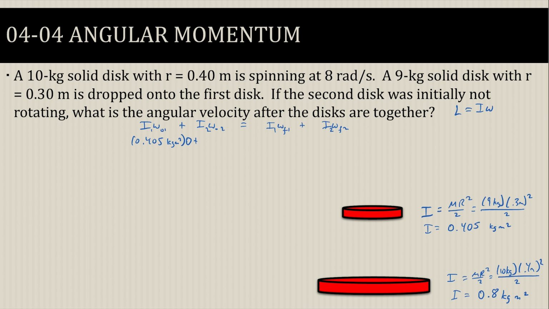The 10 kilogram disk, its moment of inertia was 0.8, and it was initially rotating at 8 radians per second. Afterwards, we don't know, but they do have the same final angular velocity. So I can just set it up so that they have the same final angular velocity. Call it omega f.